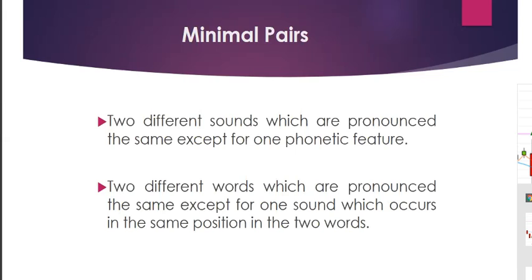Voicing, manner of articulation, nasality, place of articulation, those things will make a minimal pair if only one is different. And then also two different words which are pronounced exactly the same except for one sound, which occurs in the same position in the two words. Okay, it has to happen in the same position in the two words. Okay.